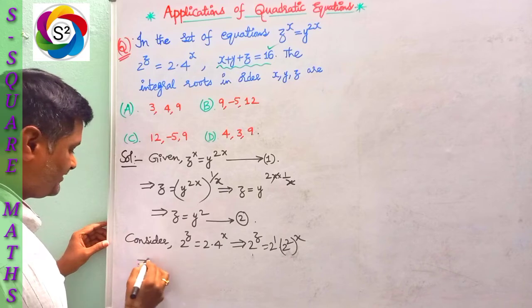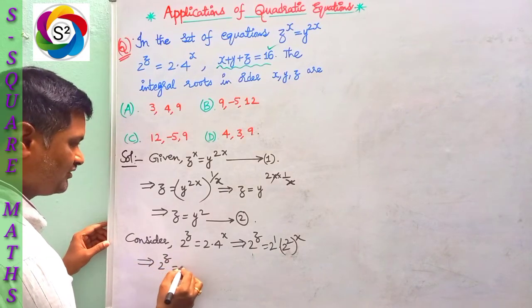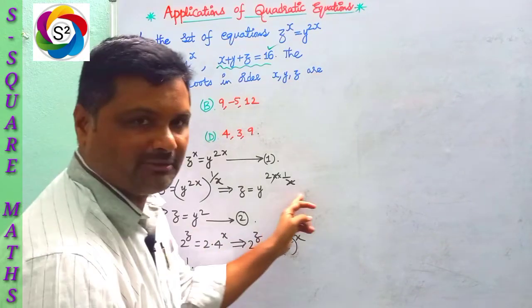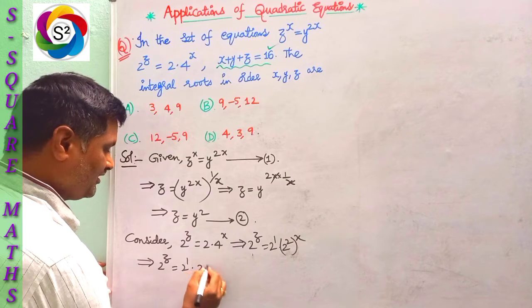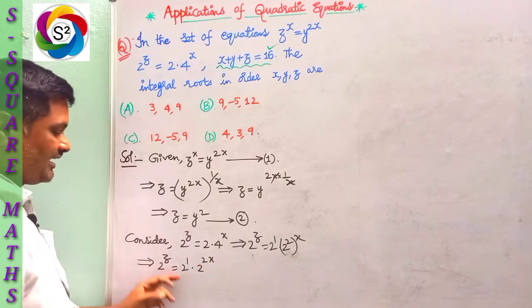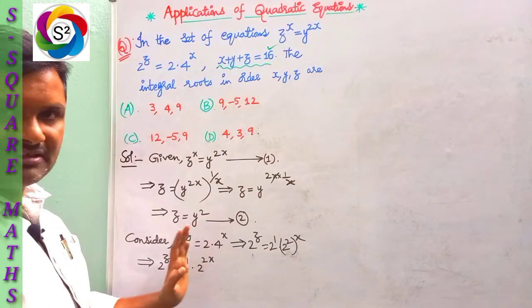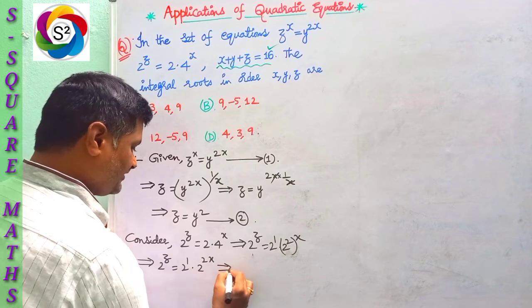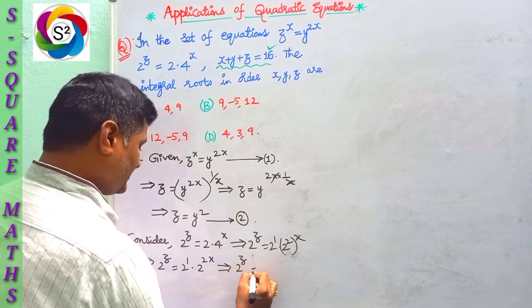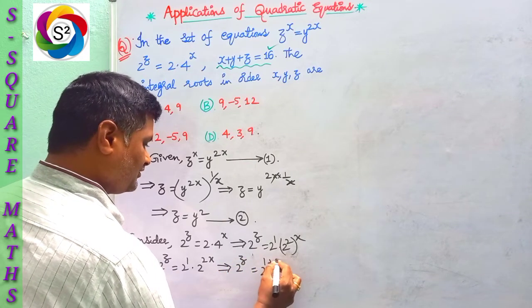Applying a power m whole power n is a power mn, so 2 power 2x. Again a power m into a power n is a power m plus n. So 2 power z is nothing but 2 power 1 plus 2x.